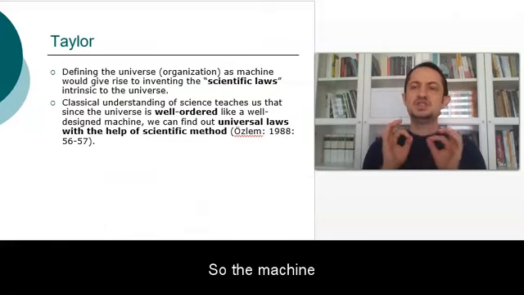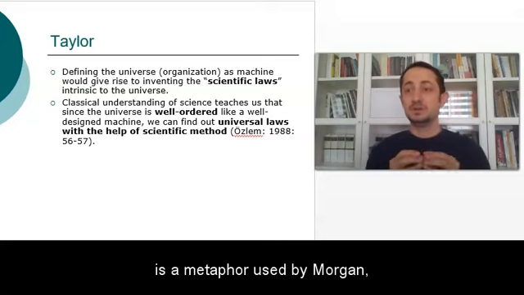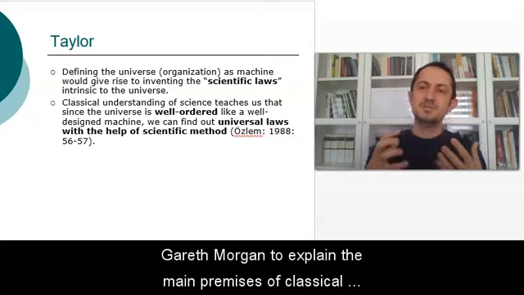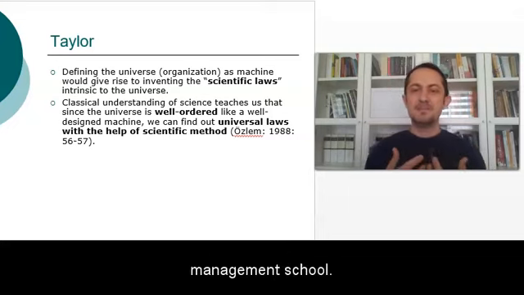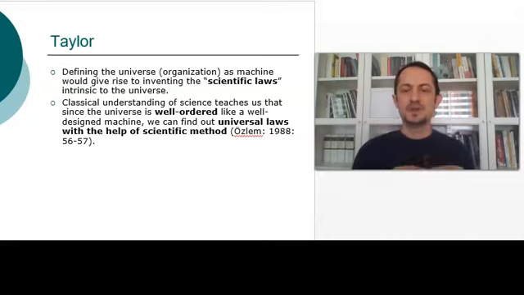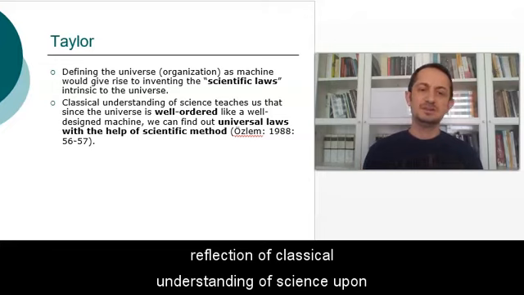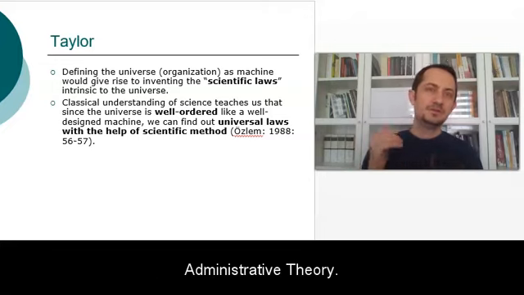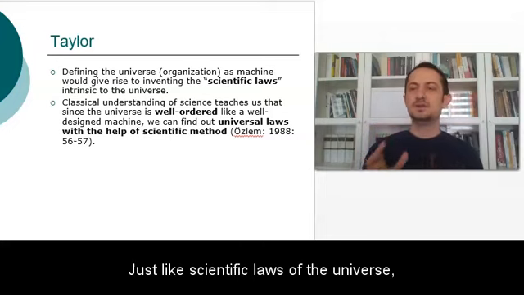So, the machine is a metaphor used by Gareth Morgan, to explain the main premises of classical management school. Thus, Taylorism can be seen as the reflection of classical understanding of science upon administrative theory, just like scientific laws of the universe.